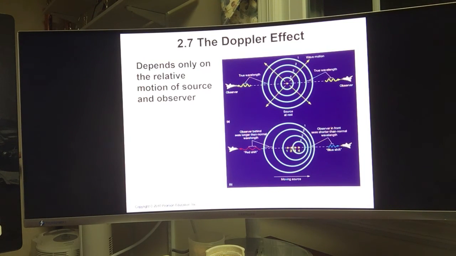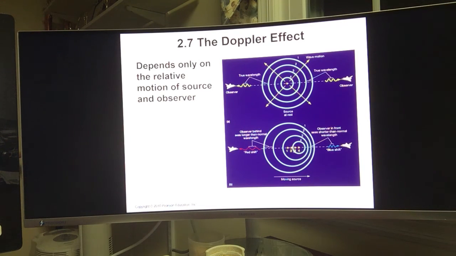There's another observer here. The light source, which could be a star, is at rest, so it's not moving. The observer is not moving either. So what the observer is going to see is the true wavelength emitted by this star.